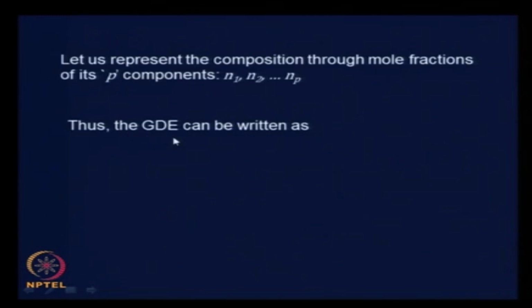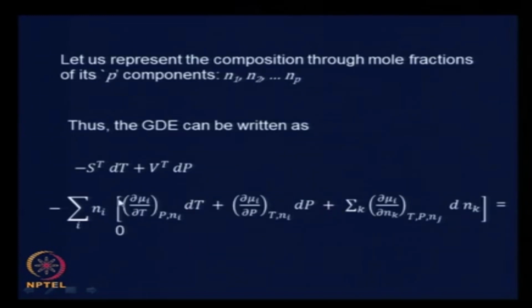Therefore, you could write the Gibbs-Duhem equation as minus S_t dT, this we all know, plus V_t dP plus the sum over i of N_i times [dou mu_i dou T at constant P and N_i dT plus dou mu_i dou P at constant T and N_i dP plus sum over all k, where k is an index, of dou mu_i dou N_k at constant T, P and all other N_j dN_k], and this equals 0. The total number of components is p, this k is just used as an index for the sum.